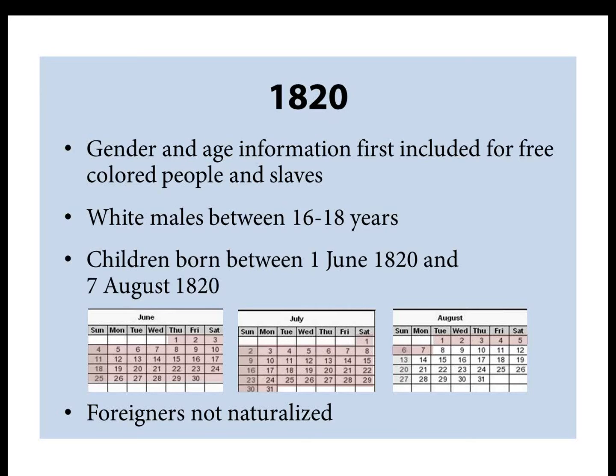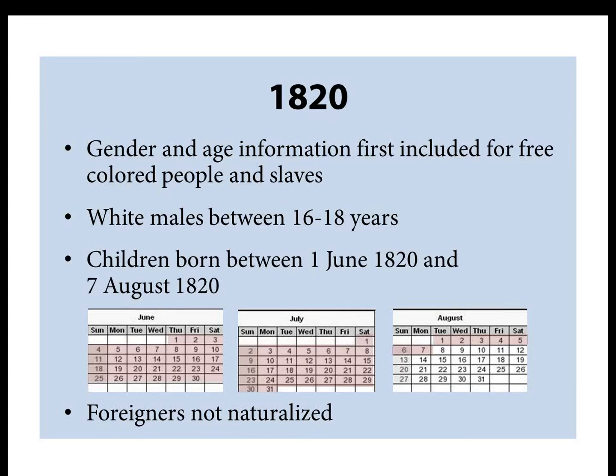So technically, anyone born between the 1st of June, 1820 and the 7th of August, 1820 would show up in the 1820 census as under 5 years old. Now, by the time we get to 1830, they're going to show up as under 10 years old.